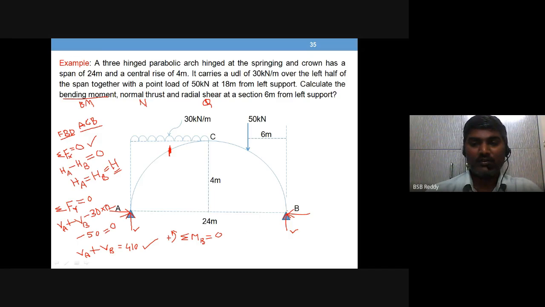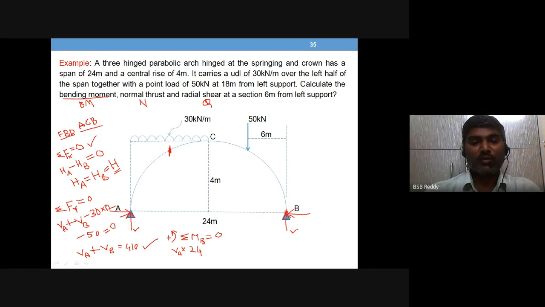Okay, right. So you are calculating moments about B. So what now? VA into the distance, which is 24.